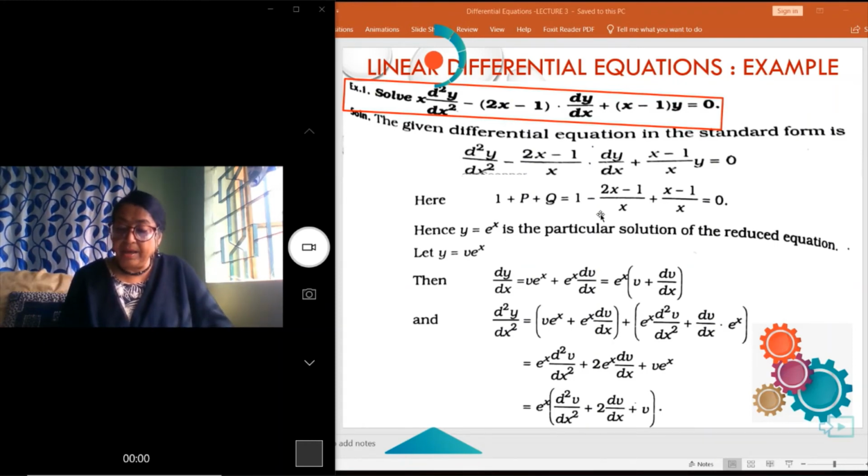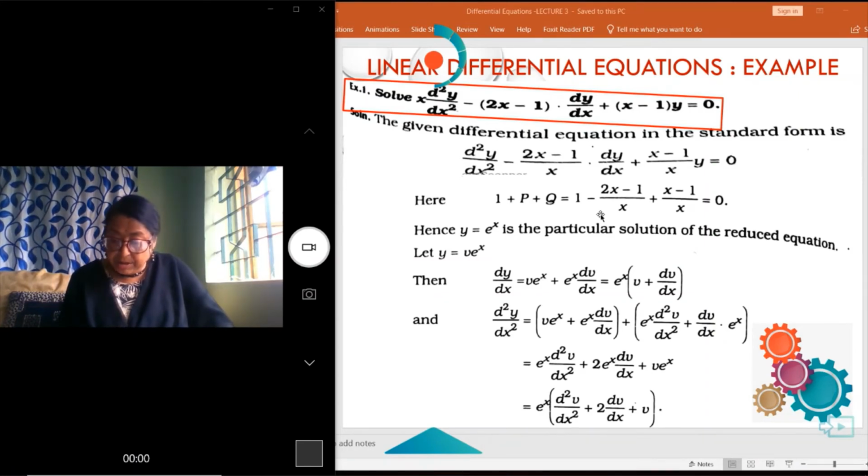Now take y = v e^x. Then differentiating one time and a second time and putting this into the original equation, we get d2v/dx² + (1/x) dv/dx = 0.